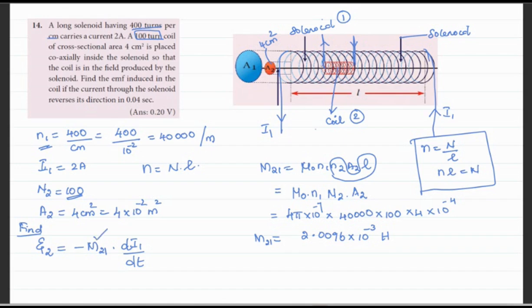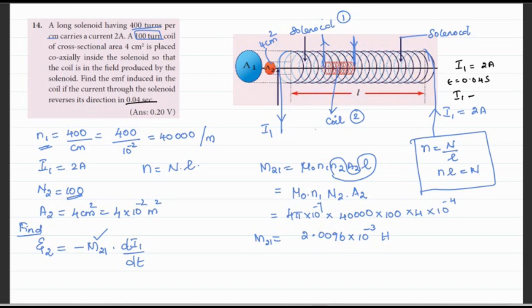Now what do we need to find? di1 by dt. First, I1 is given as 2 amps. Then you are changing the direction of the current. So I1 is 2 amps, and after t is equal to 0.04 second, the direction of the current I1 is changed.